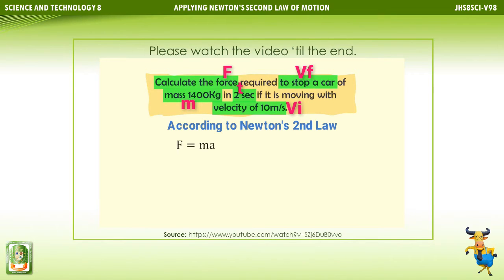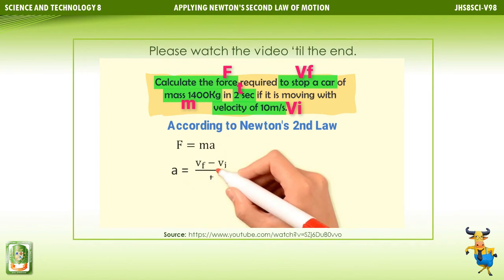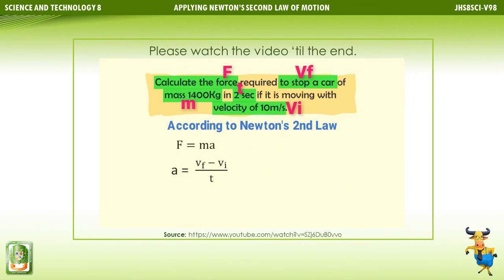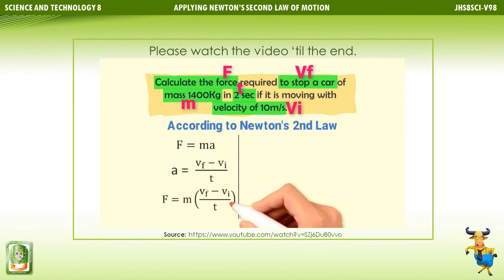So the acceleration a of this car is equal to Vf minus Vi upon time. Now I will put this value of acceleration in Newton's second law. Thus F is equal to m into Vf minus Vi upon time.